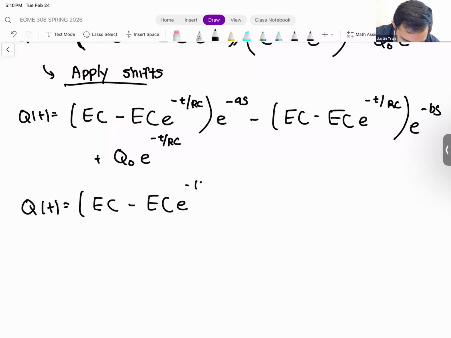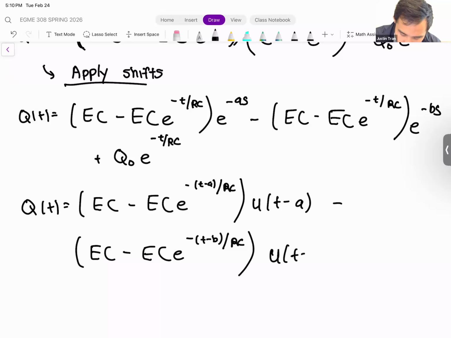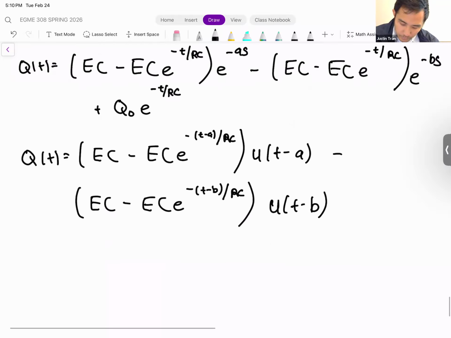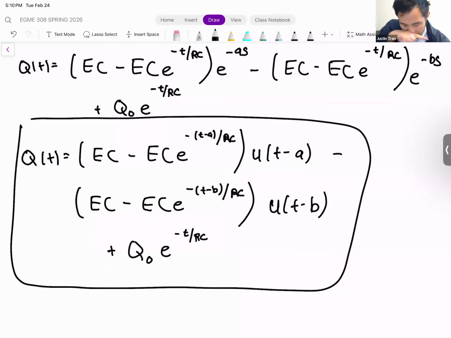So we have E to the minus T minus A divided by RC, multiplied by U of T minus A, minus, same thing, but with the shift of B. So we have EC minus EC E to the minus T minus B over RC, multiplied by U of T minus B. And then we have our initial condition, Q naught, E to the minus T over RC.